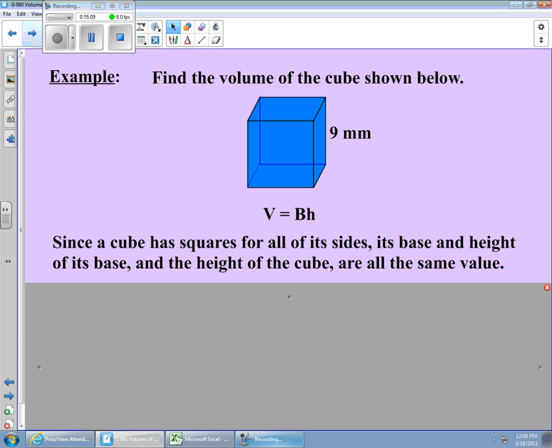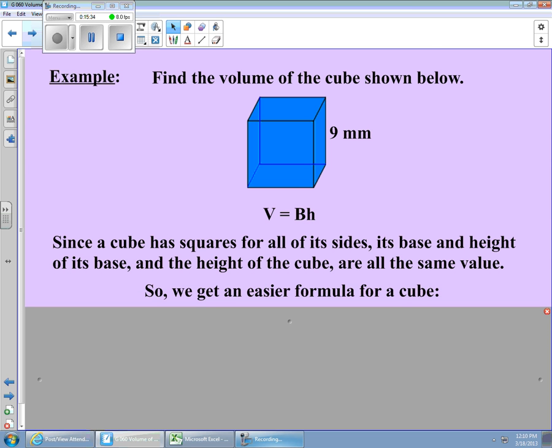What you need to remember is that a cube has squares for all of its sides. That means the base and the height of the cube are all the same value. All of the edges in a cube are going to be the same value. Now, if that's the case, then this 9 mm measurement that we have up there spreads to all of the edges.